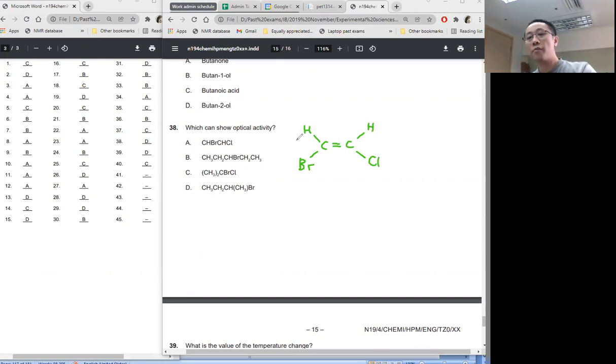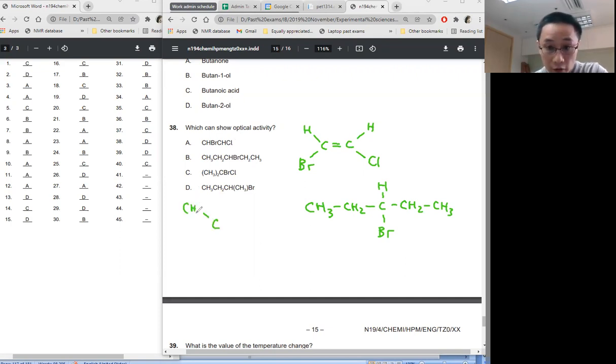A has an implied carbon-carbon double bond. So this molecule can exhibit cis-trans isomerism, but that's not the same thing as optical activity. For B, the middle carbon looks suspicious, but if you fully draw it out, you recognize that there's some symmetry within the middle carbon that prevents it from being considered chiral or optically active.